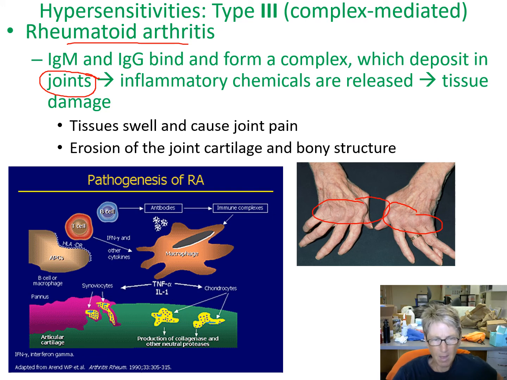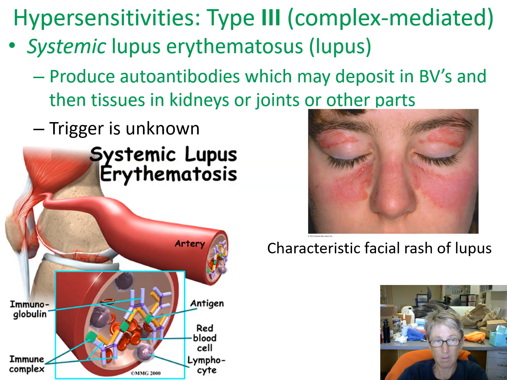And then this is the pathogenesis of rheumatoid arthritis. Again, you don't have to know the details, but look at the players. Antigen presenting cells, T cells, B cells, macrophages, TNF alpha, IL-1, all these things that we've heard about result in articular cartilage damage and rheumatoid arthritis.